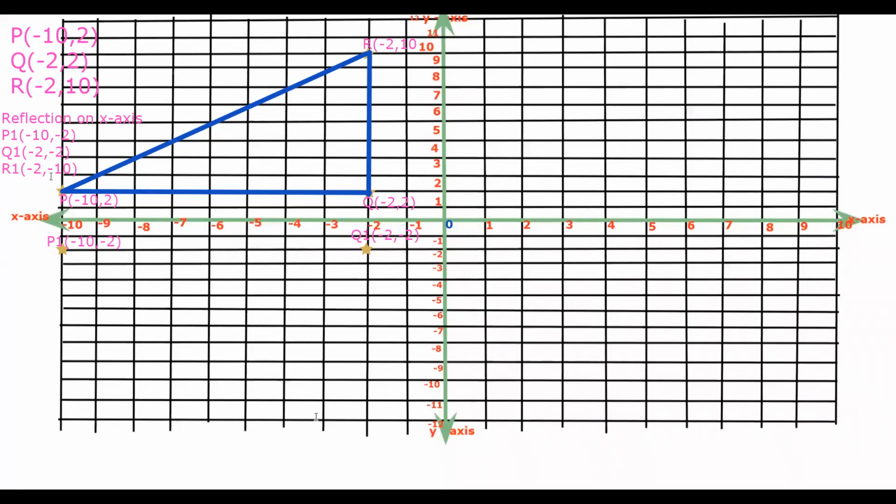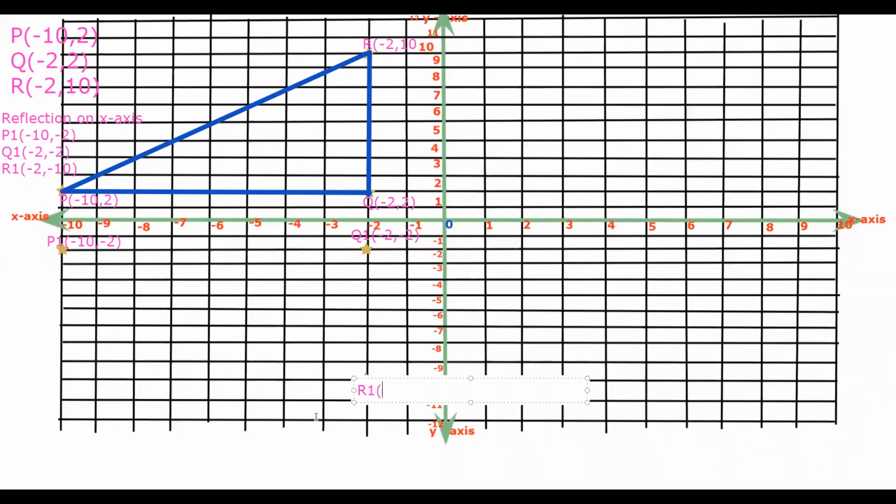The -2 and -10. So this is -2, and here is -10. Okay, so that will be the -2 and -10. That will be the position here. So write the names here.